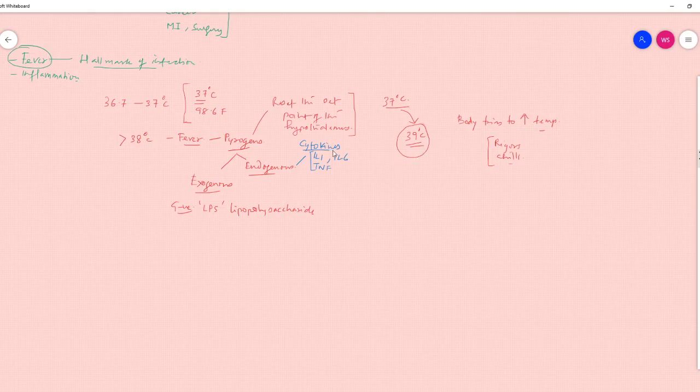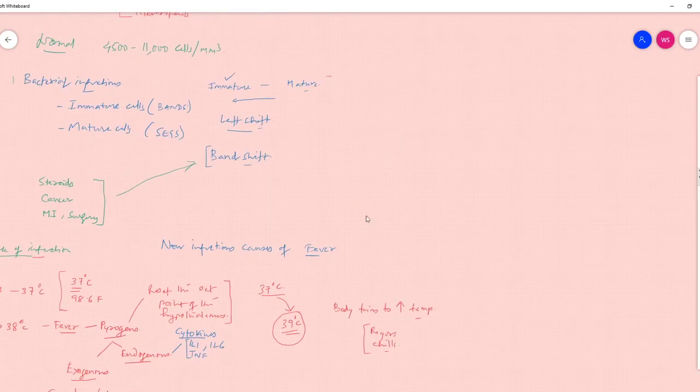But the problem is, fever, though it is a hallmark of infection, has other non-infectious causes as well. One of the most important non-infectious causes of fever would be, say, malignancy.